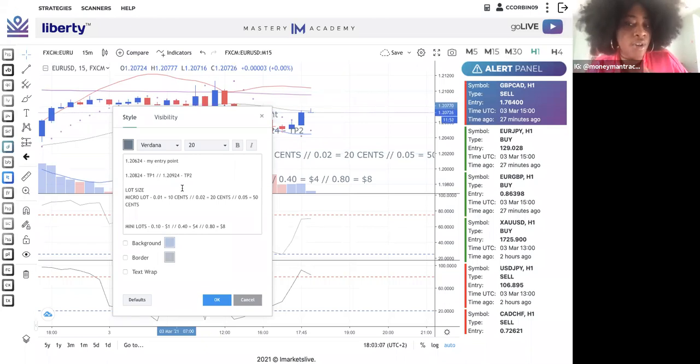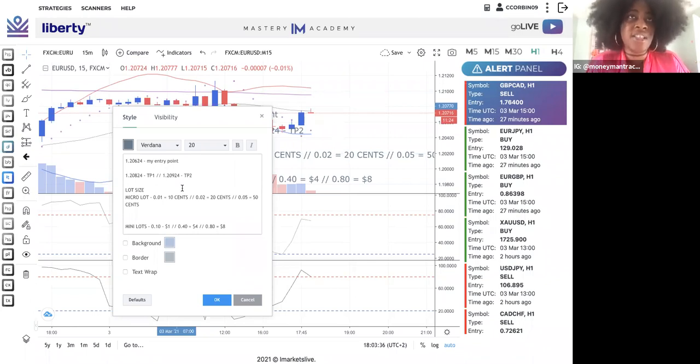So if we're doing 0.10, that's 10 cents per pip, and we're doing 20 pips, how much money can we make from that trade? $2, exactly, family. We know we're going to make about $2, right?